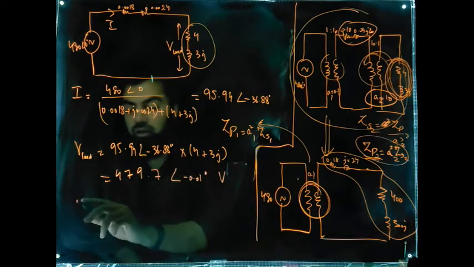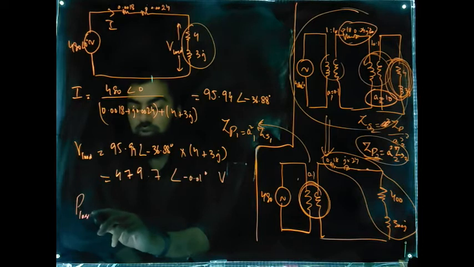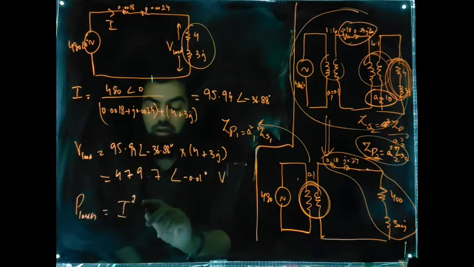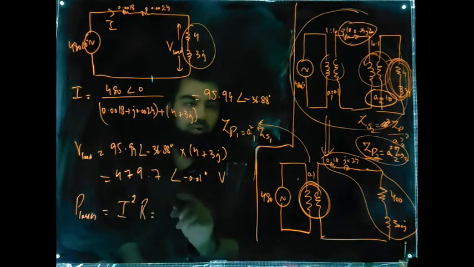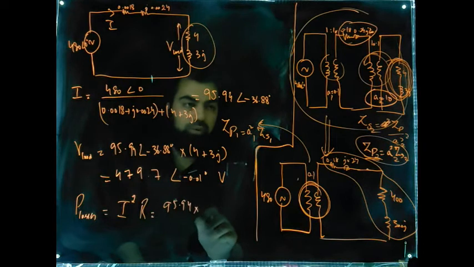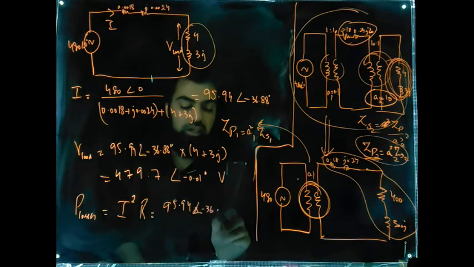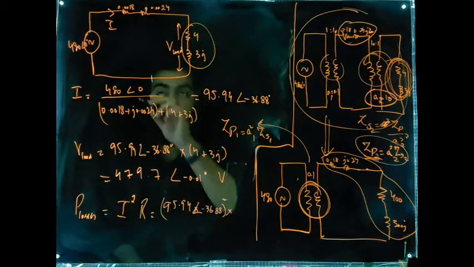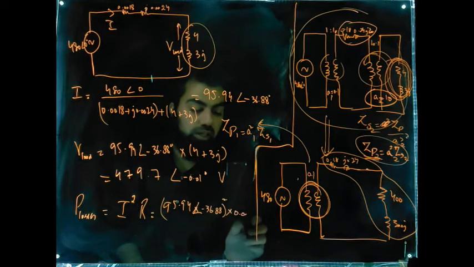Fine, and the losses in the circuit, P losses, will be equal to I square R. I will now be equal to 95.94 angle minus 36.88 square into R. R for this case is now 0.0018.